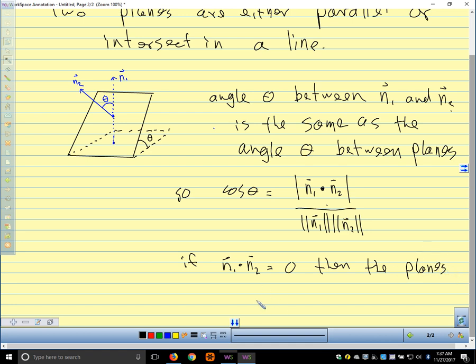The planes are perpendicular. Isn't that nice? We use all three words for 90 degrees in one sentence. We said if the normal vectors are orthogonal, then the planes are perpendicular.